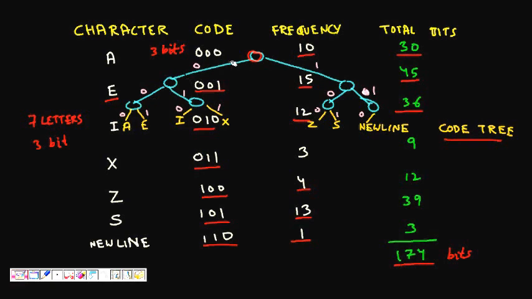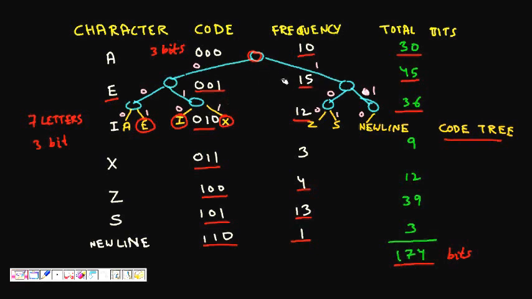So A is 000, represented here. E is 001, so 00, then 1, E is here. I is 010, so this is I. X is 011, so X is here.